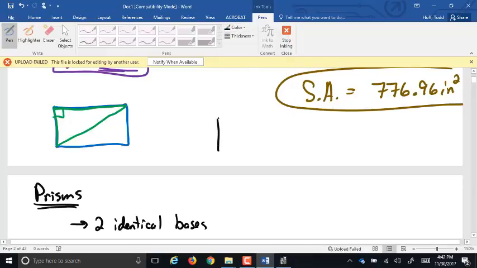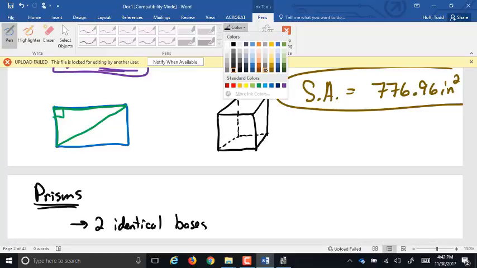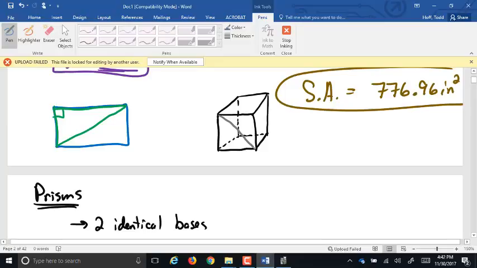Well, if we look at a box. If I cut a box in half, like this across these sides, what I get is not a pyramid, it's a wedge.